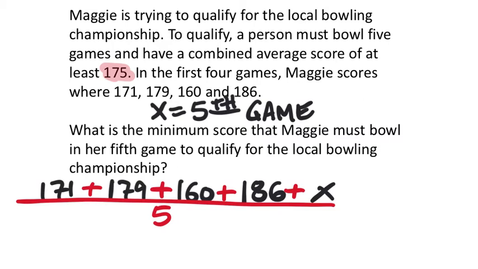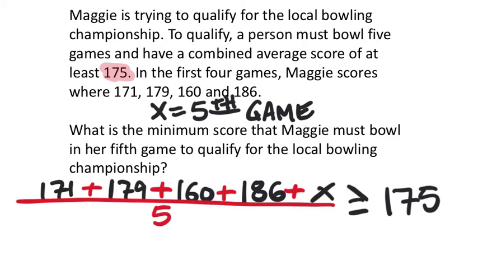But if she wants to be in this championship, she could bowl equal to the average, which would have been 175. That's the lowest average, but it could have been more. So I'm going to show this as greater than or equal to that 175.